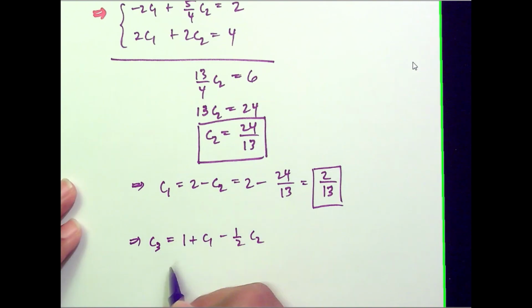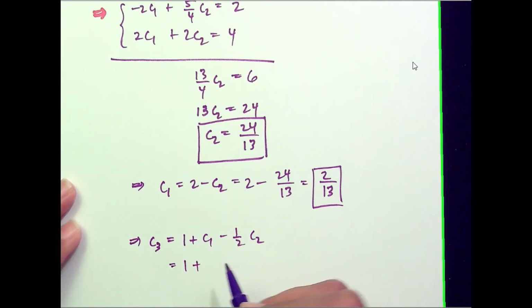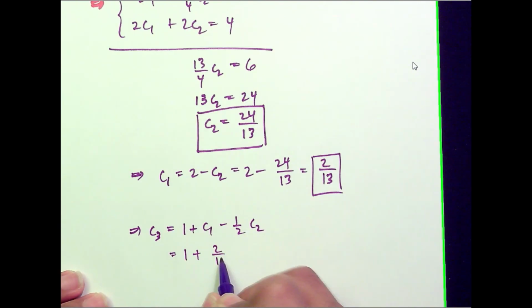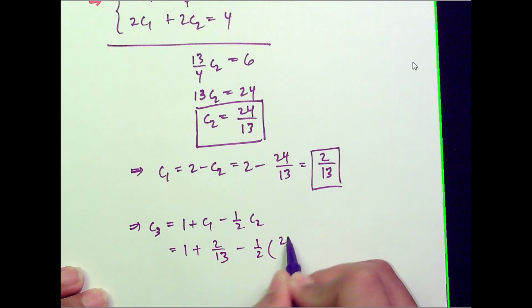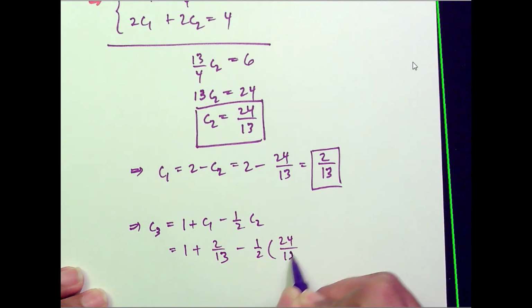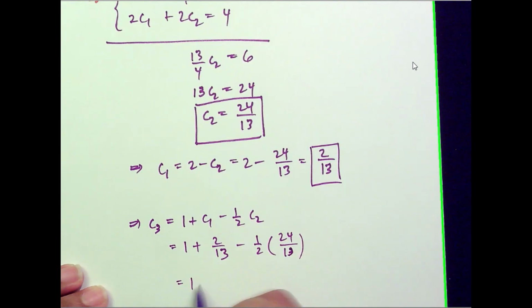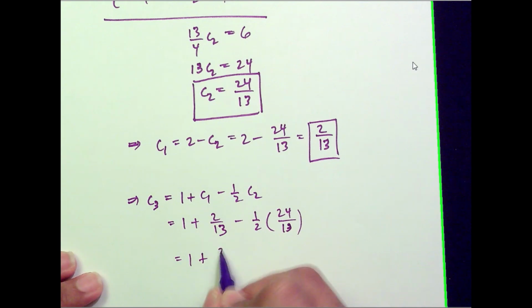Okay, so now let's plug in. So this is 1 plus C1. C1 is 2 over 13 minus 1 half C2. C2 is 24 over 13. So this is 1 plus 2 over 13.